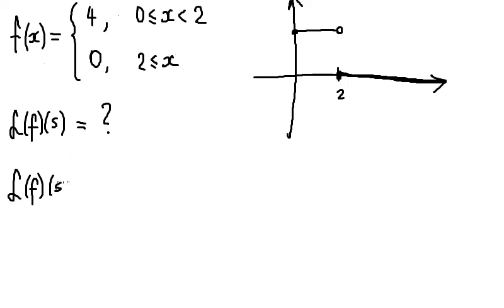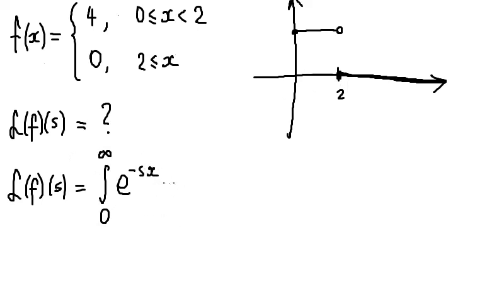So let's recall now the definition of the Laplace transform. It's defined as the integral from 0 to infinity of e to the power minus st f of t dt, but here, since we are using variable x, let me rather put x.